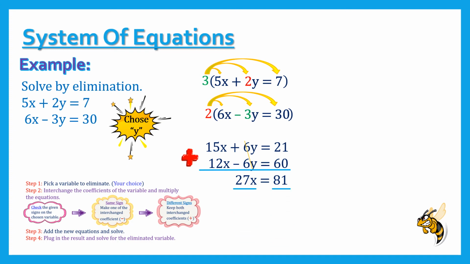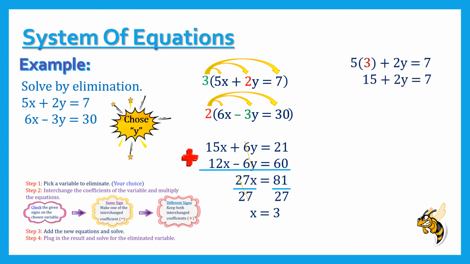To get rid of the coefficient of 27, I'm going to divide by 27. So x is equal to 3. Now that I know the value for x, I can replace it into one of the equations to find the value for y. And I'm going to use the top one because it's all positive. So it'd be 5 times 3 plus 2y equals 7 because x is 3.